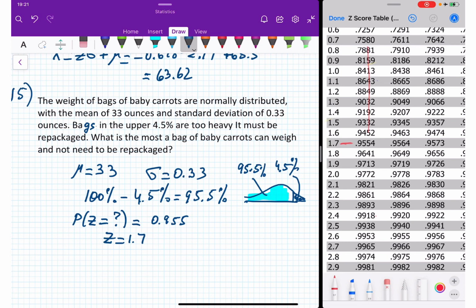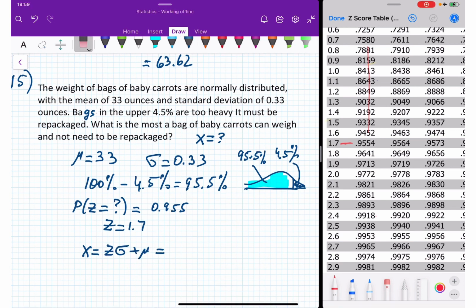Okay, now we need to find the weight of the bag, which is x question mark. So x is equal z sigma plus mu. So it's equal, z-score is 1.7 times sigma is 0.33 and plus mu.